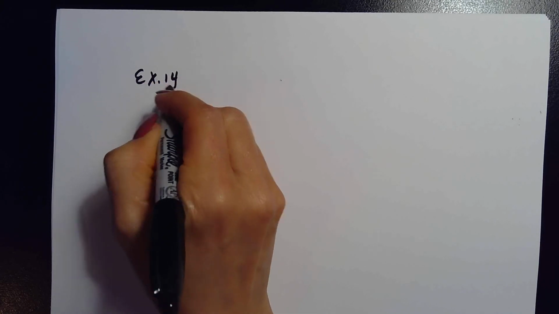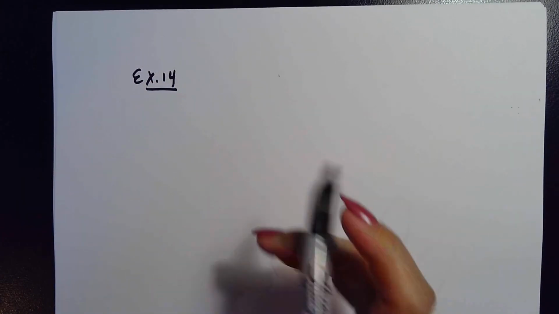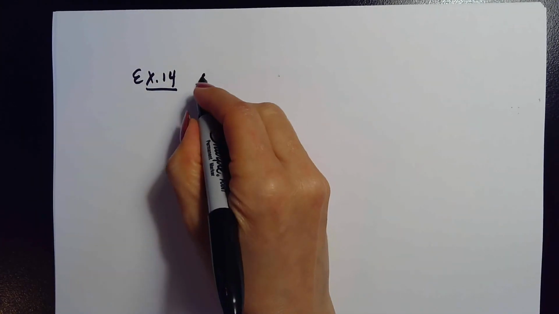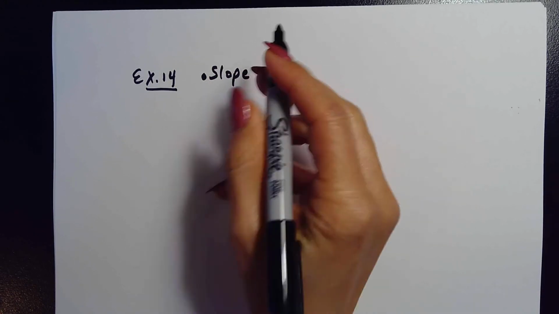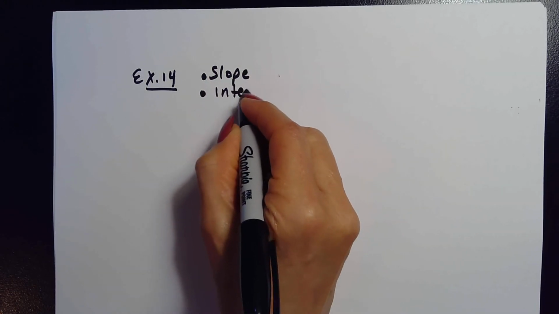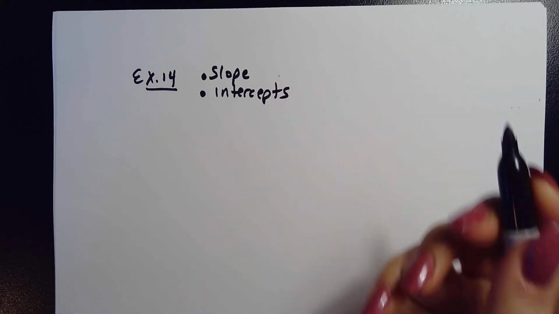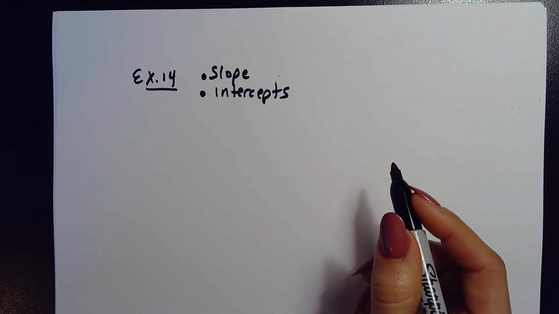And the last one I want to go over is example 14 in your workbooks. So example 14, it's asking for the slope. We want to find the slope. We want to find the intercepts, x and y intercepts, and then we want to graph.